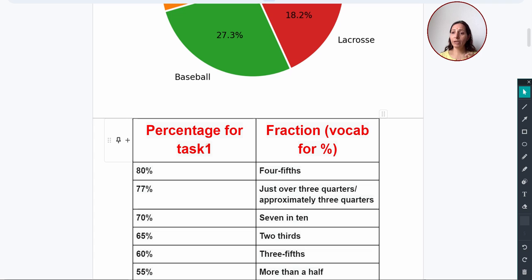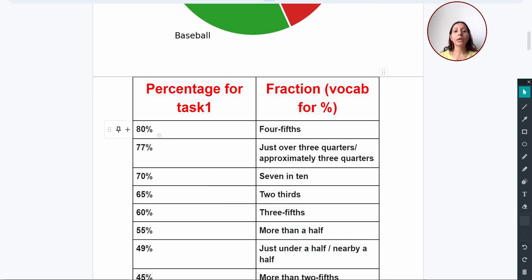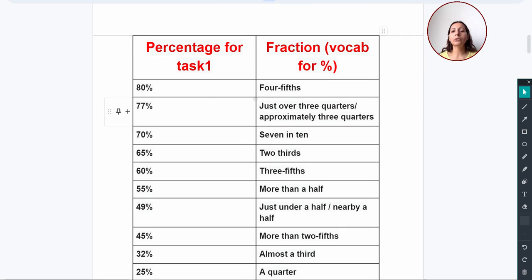When we have to write the body paragraph about percentages in a pie chart, just remember that if percentages are given in a table or bar graph, you can also use this vocabulary. 80% is 4/5. 75% is just over 3/4 or approximately 3/4.